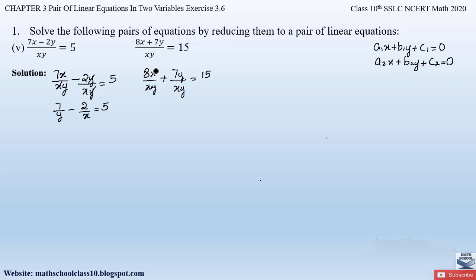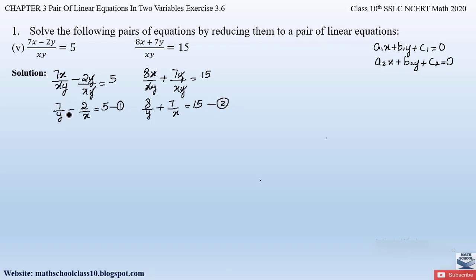Here again cancelling x and x in both the numerator and denominator and cancelling y and y. So we will be just left with 8 by y plus 7 by x equal to 15. So let this be equation 1 and this be equation number 2.